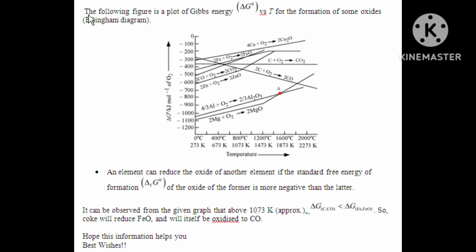That's why it is easier. Thus the value of standard delta G becomes more on the negative side.